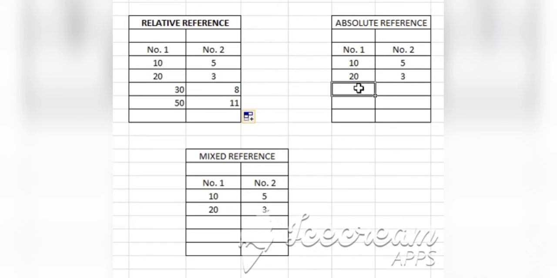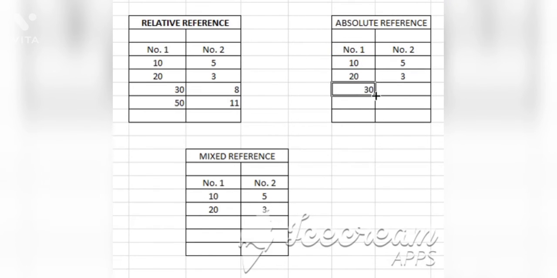Now the absolute reference. Two dollar signs are used, both before the row and before the column. We will be using both. In absolute reference, you have to use the two dollar signs before the row and before the column.